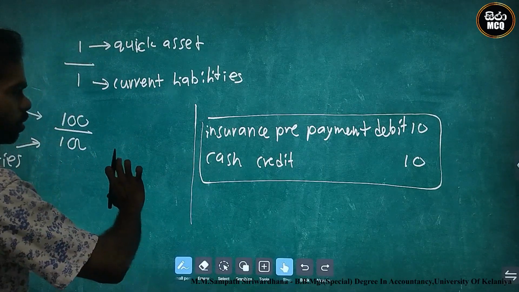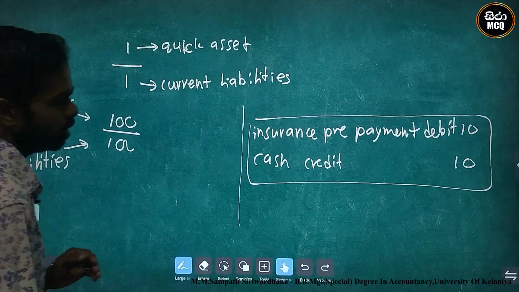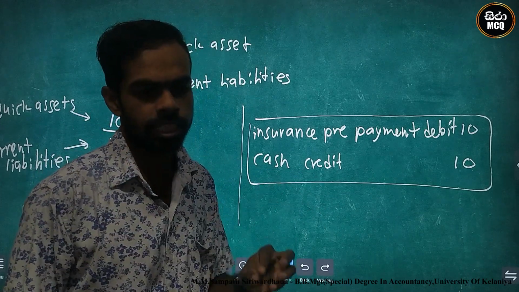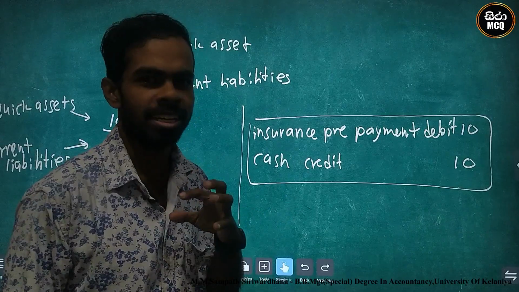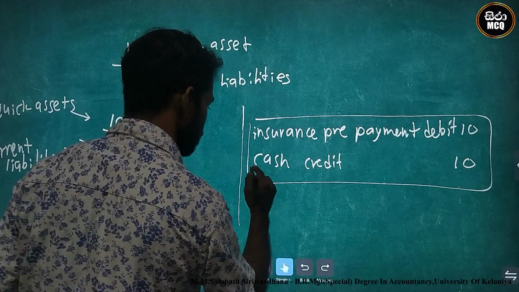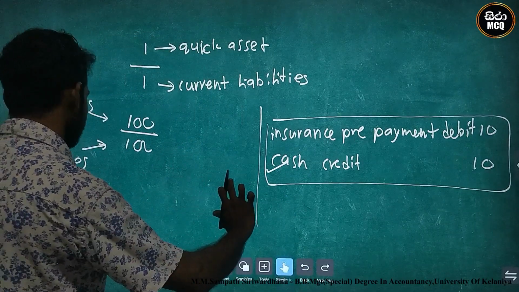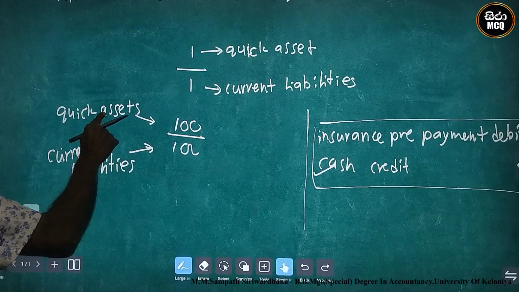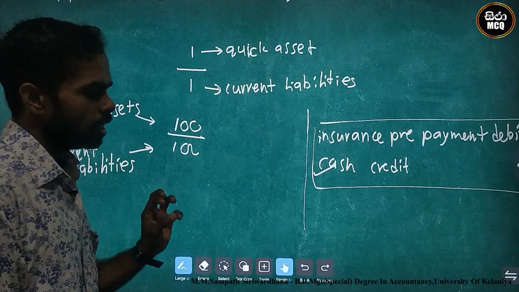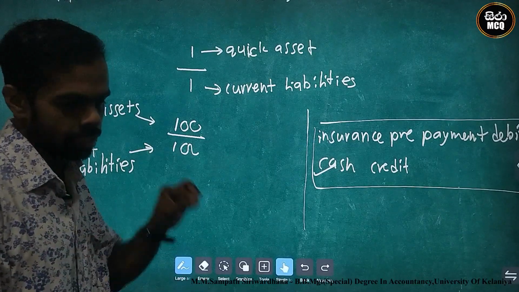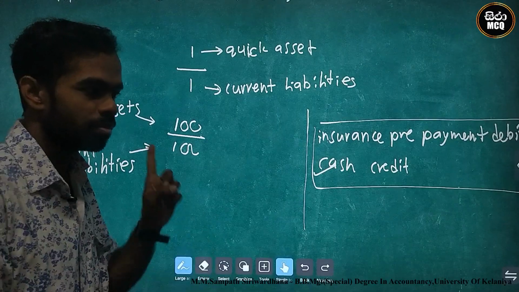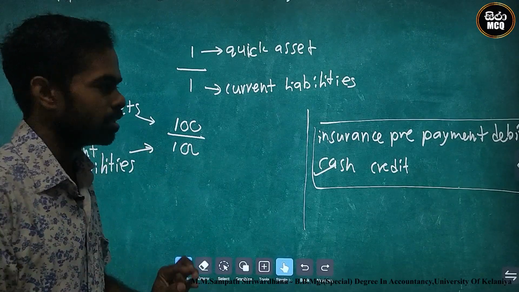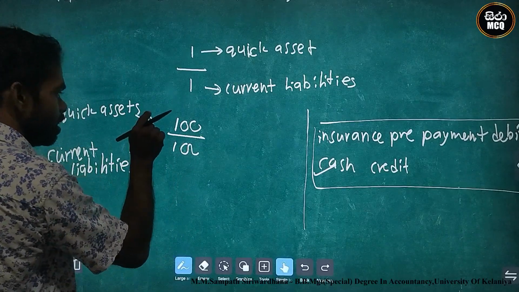What is the impact on this ratio? Look here, cash credit 10 means cash is deducted. What is the impact, on this one or this one? Cash is in quick assets. Why? Quick assets include current assets excluding closing inventory and closing prepayments.